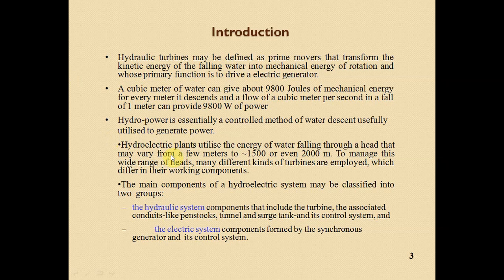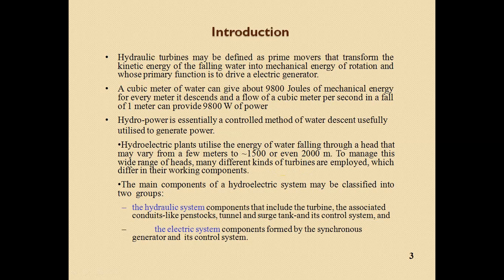Hydroelectric plants utilize the energy of water falling through a head that may vary from a few meters to 1,500 to 2,000 meters. To manage this wide range of heads, many different kinds of turbines are employed, which differ in their working components.